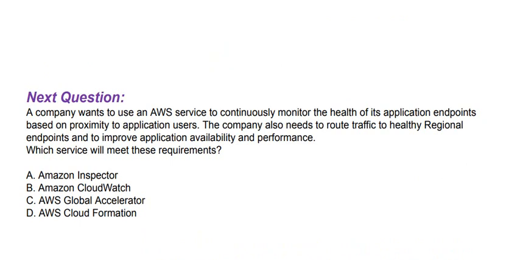Which service will meet these requirements? Option A, Amazon Inspector. Option B, Amazon CloudWatch. Option C, AWS Global Accelerator. And option D, AWS CloudFormation. The correct answer is option A.